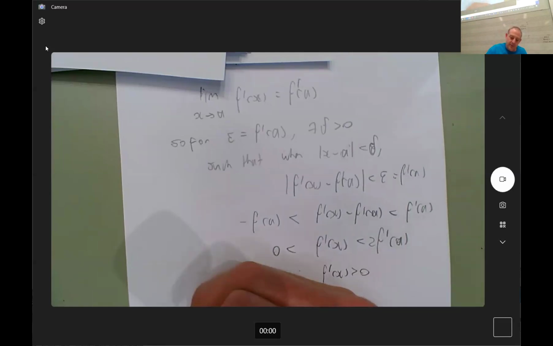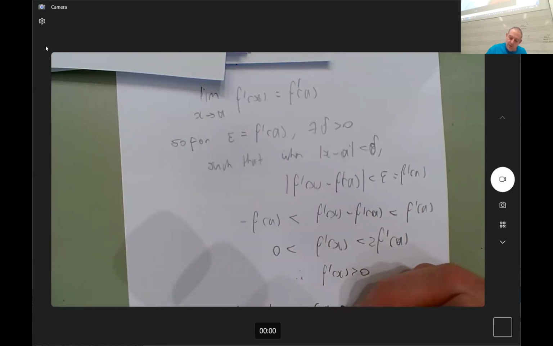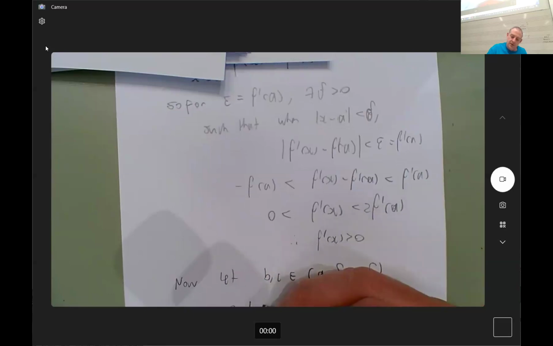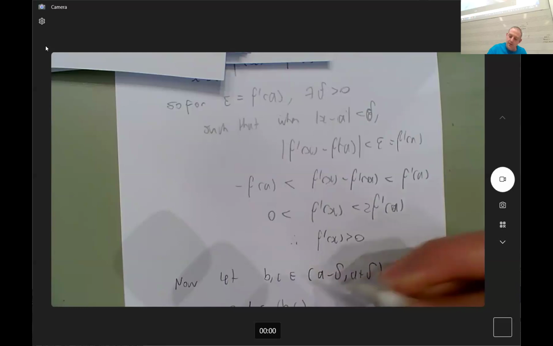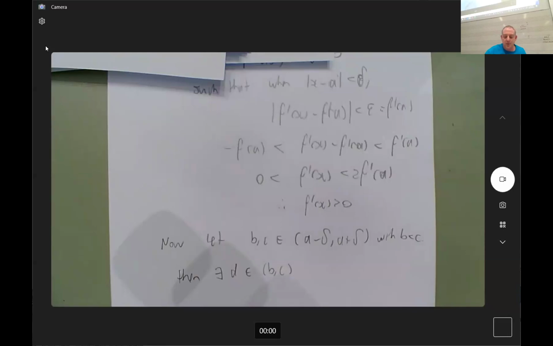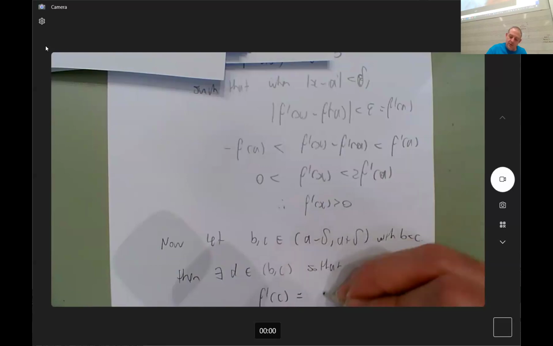Now let B and C be in the interval A minus delta, A plus delta, with B less than C. Then there exists a D between B and C so that f dashed of D is equal to f of C minus f of B over C minus B, by the mean value theorem.